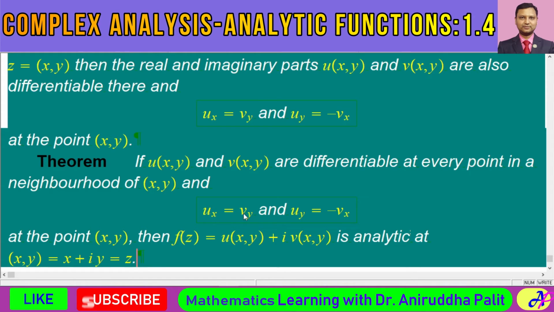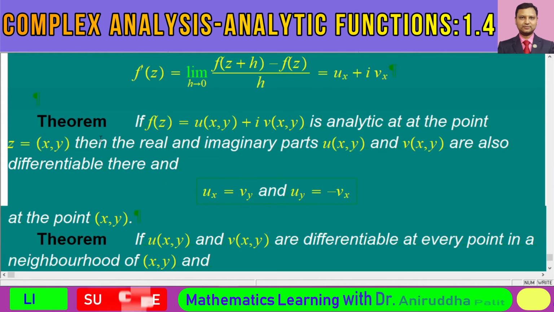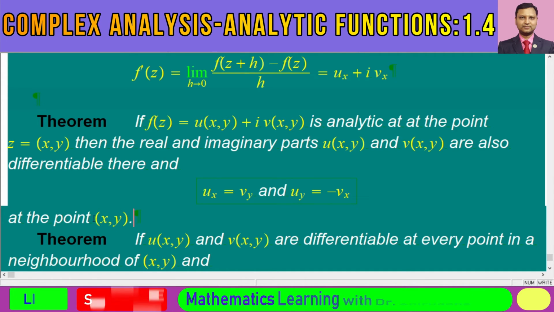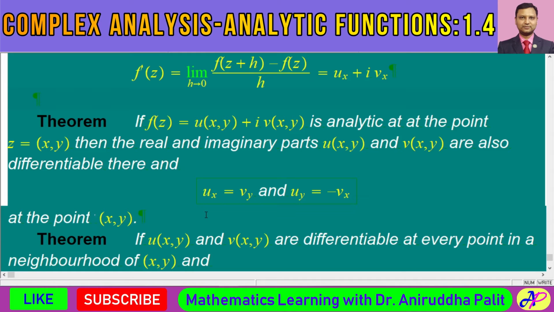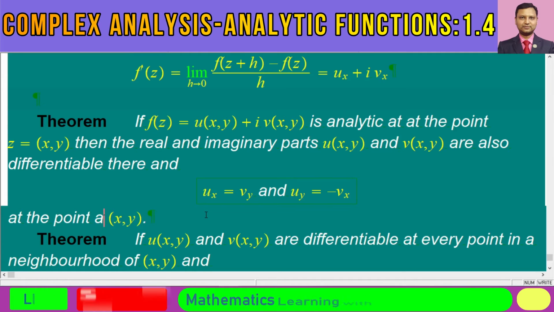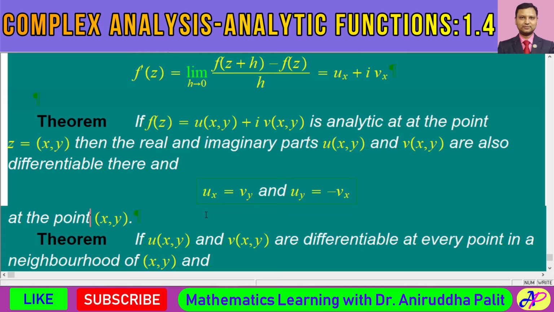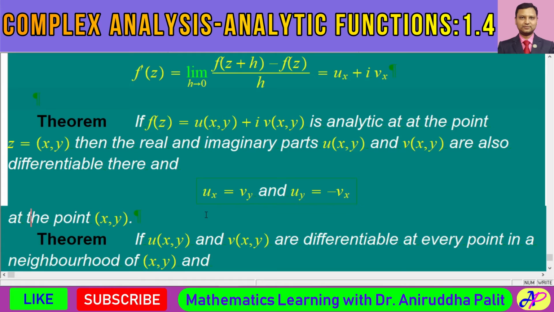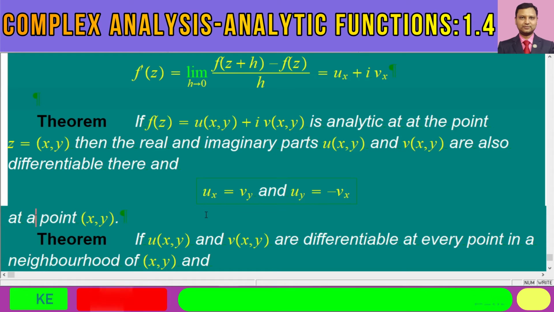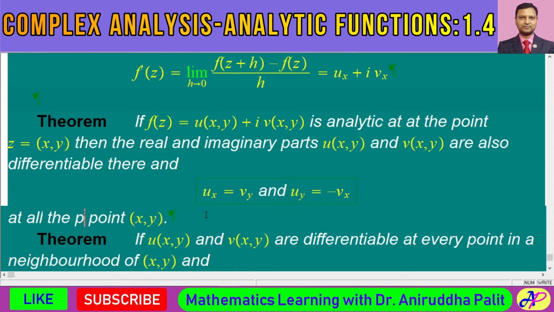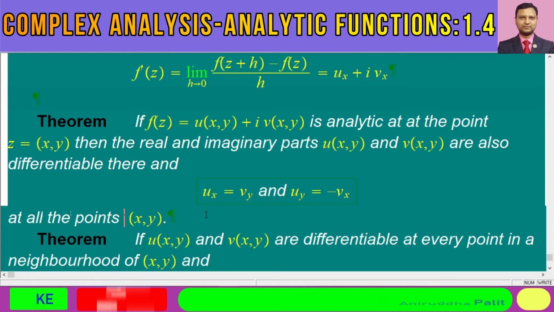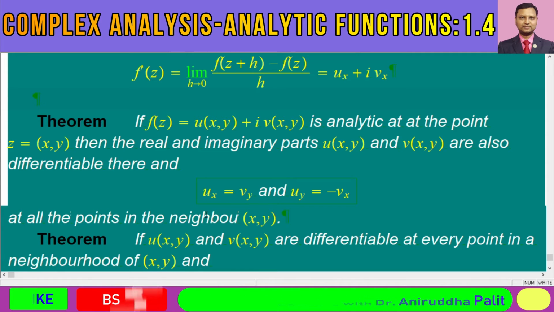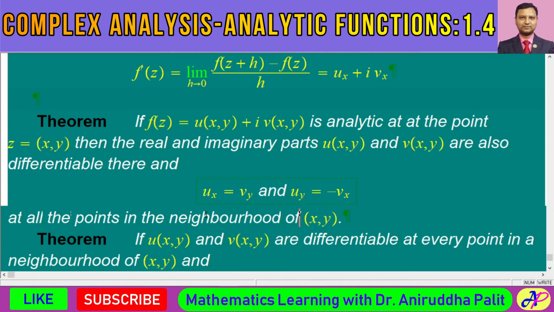Here, this is the necessary condition. You could also modify it in this fashion: at the point x comma y, at each and every point in the neighborhood of x comma y, at all the points in the neighborhood of x comma y.